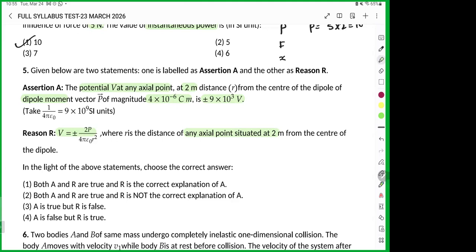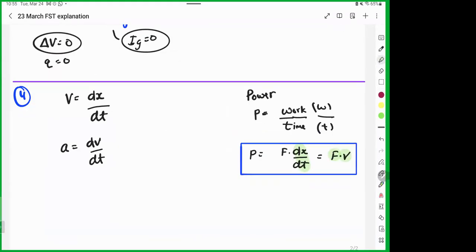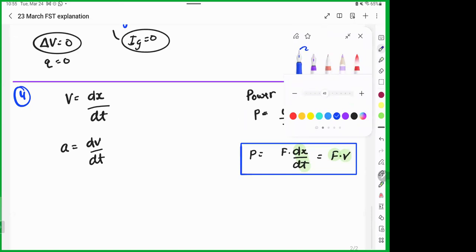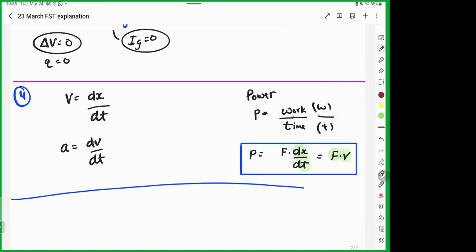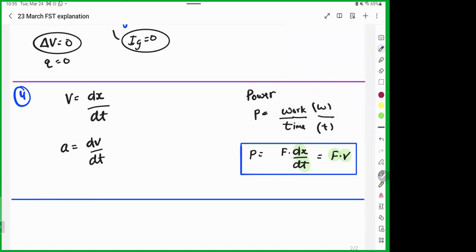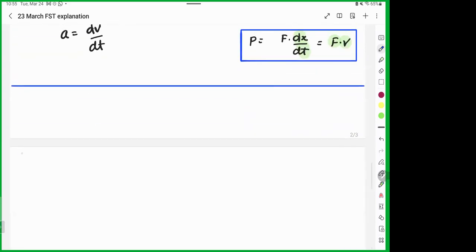Not only this, I will do electric field also, a comparison of electric field and electric potential together. Okay, so question number 5.